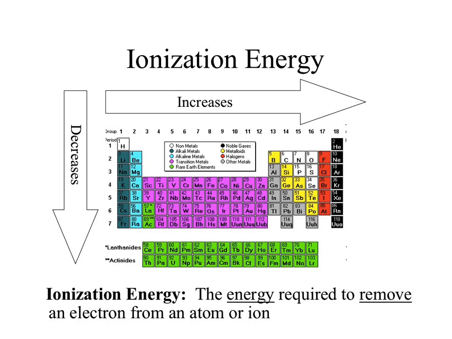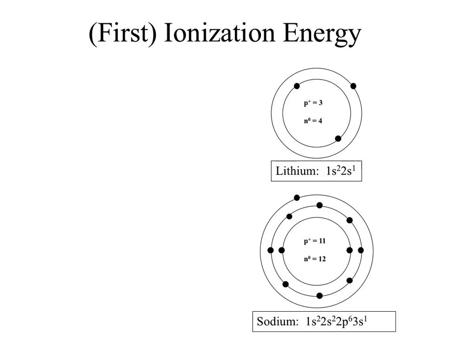So the pattern here: this is lithium. We've got lithium up here at top, which has 2 energy levels. And this is sodium, which has 3 energy levels. Sodium is bigger. Because it's bigger, are the electrons in the outer energy level going to be held as tightly?